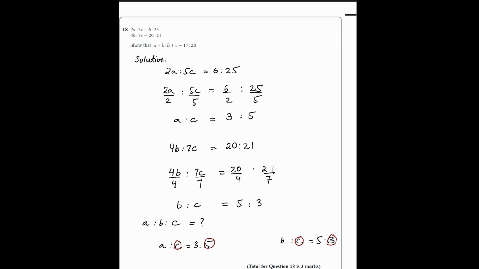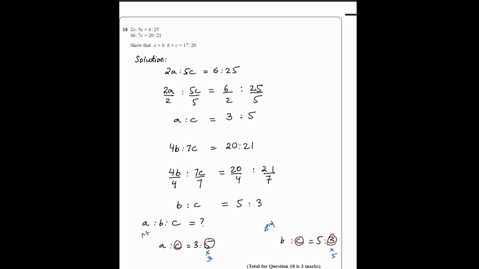I can multiply by 3 in the second ratio, b is to c as 5 is to 3, because c is 3 there. And I know that c is 5 in the first ratio, so I have to multiply that by 5. In that way, c will become common.